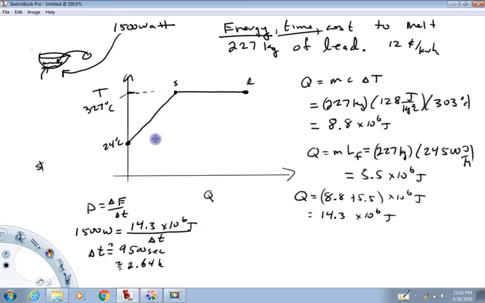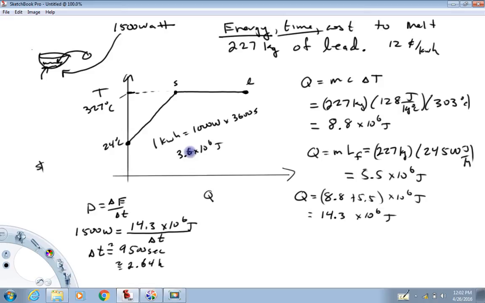I'm just going to do this right in the middle here. 1 kilowatt hour is equal to 1,000 watts, because kilo means 1,000, times 3,600 seconds per hour, because that's what an hour is. So a kilowatt hour is 3.6 times 10 to the 6 joules.